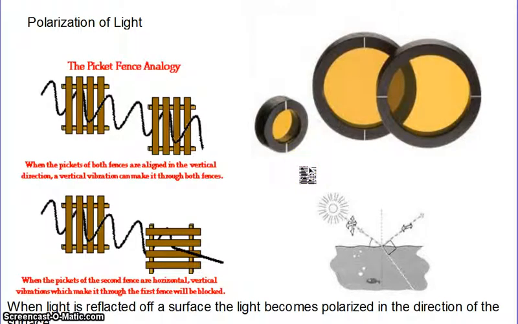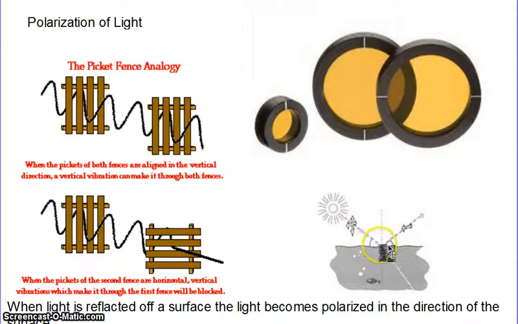Light is a wave, and you can think of light as a transverse wave, and since it is similar to a transverse wave, you can polarize the light. Normally, light from normal sources vibrates back and forth in all different directions, as seen in this graphic where the light comes off the sun. It vibrates horizontally, vertically, and actually in all directions.